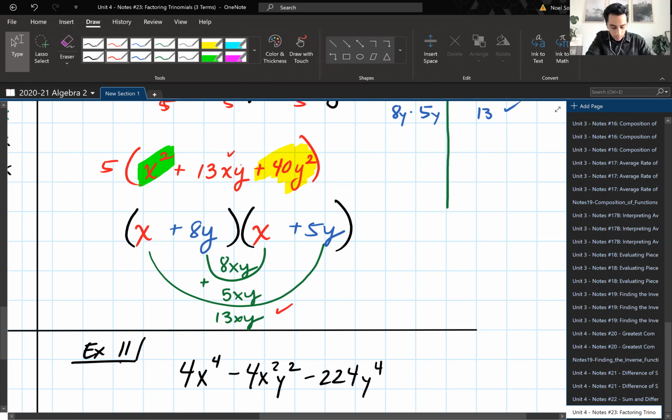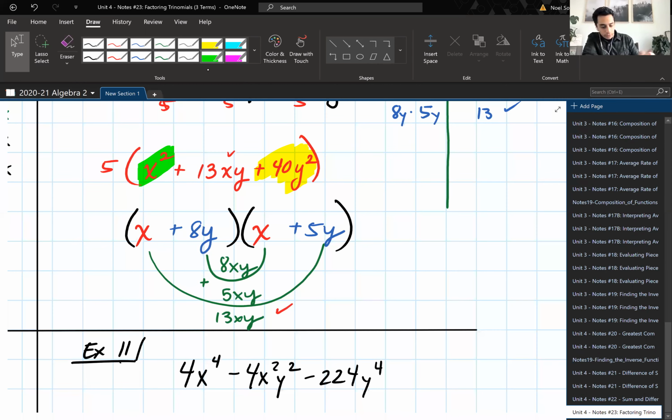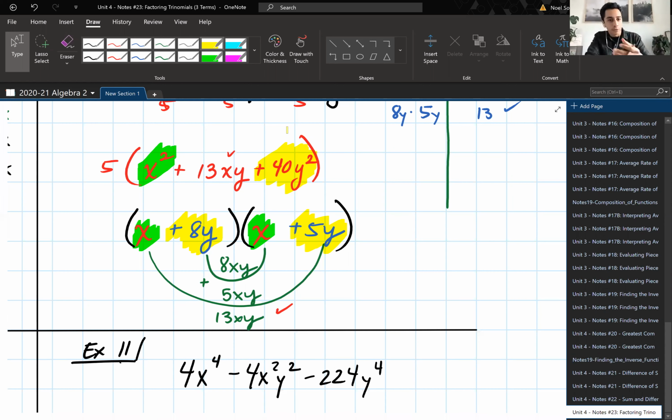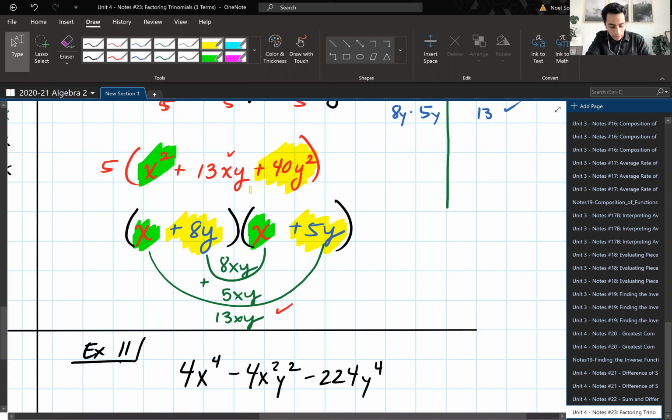We get 13xy. So you see how the first two factors, that's how you arrive at the x squared. The second two factors, 8y and 5y, that's how you get the 40y squared. The product of them, when you start to distribute, is going to take care of itself. So that's how you arrive at the 13xy.